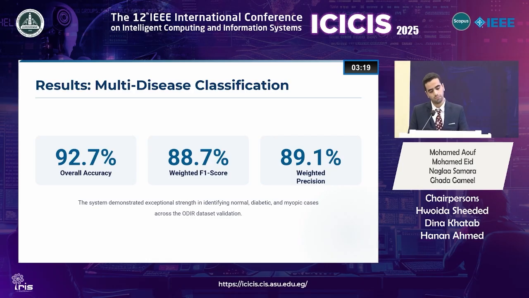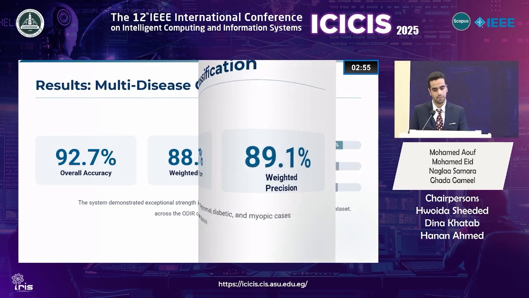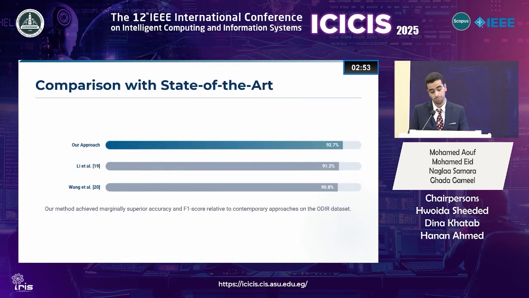For the results, we have an overall accuracy of 92.7%, 88.7% for weighted F1 score, and 89.1% weighted precision. This is for the ODIR dataset that we used. We will see if this number is good or not.